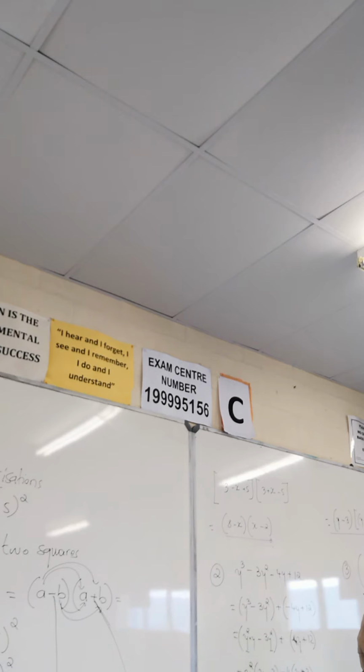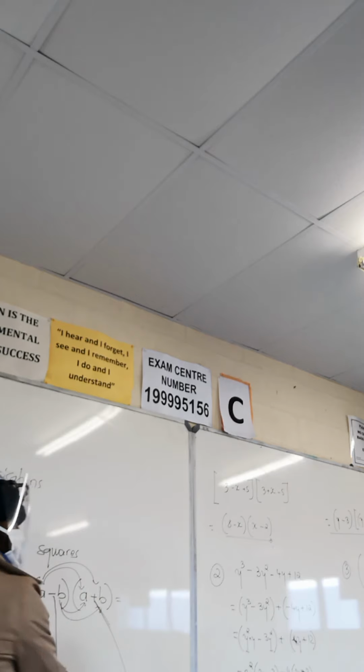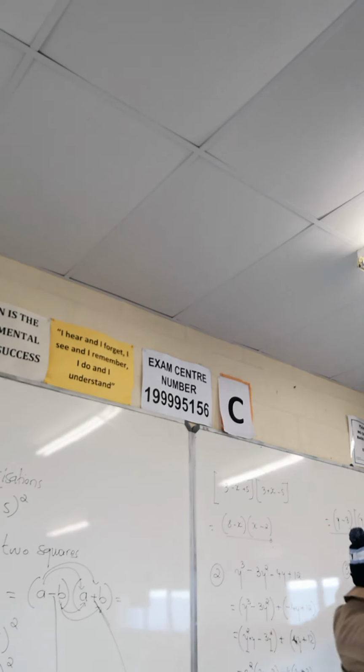I just told you at the beginning, every time you see the 2 on top and the minus, it is the difference of 2 squares. It's the same thing that we had there. It's just that the A becomes more than one expression. Because if you cannot identify it, it will be impossible for you to do it. You need first to identify what type of factorization you are dealing with.